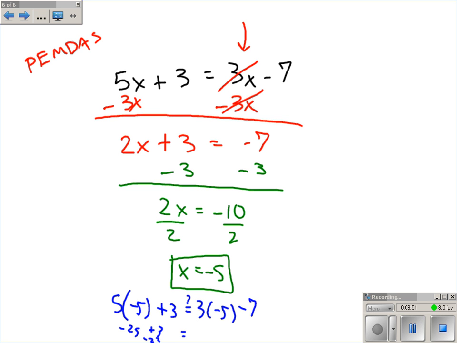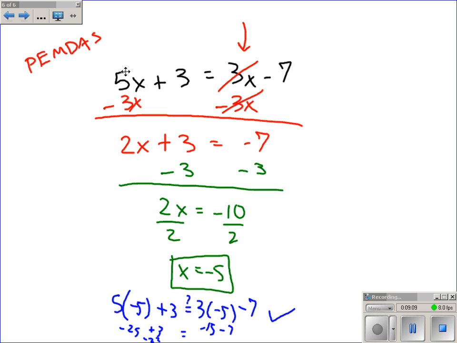See if that's equal to 3 times negative 5 is negative 15, minus 7 is negative 22. Okay, so that works. The work isn't really clear down there, but that's not really important for my answer anyway. But it does work. That negative 5 is the correct answer.